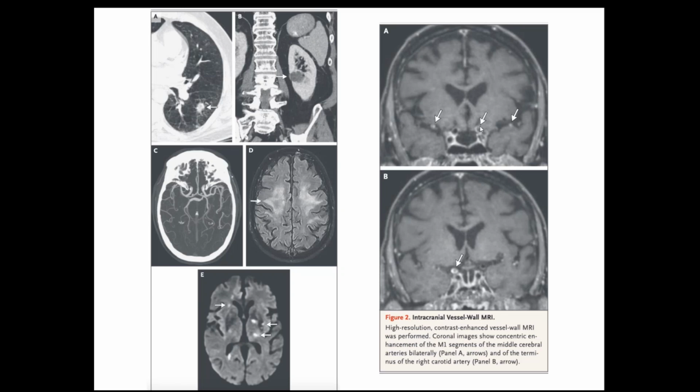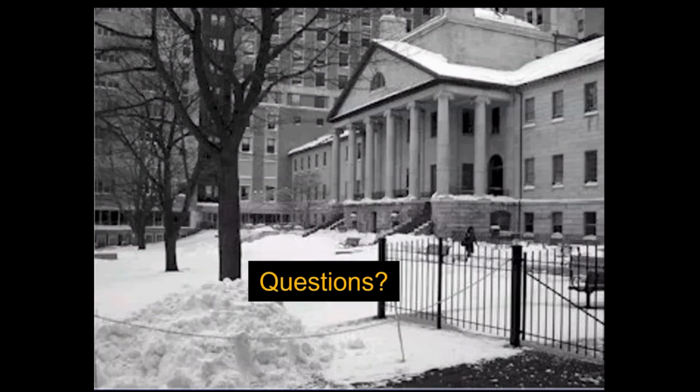He also had vessel wall enhancement. So clearly we were dealing with a vasculitic phenomenon, but I didn't know what to make of the spiculated mass. I proposed this could be a paraneoplastic vasculitis. That's what it turned out to be. So the spectrum is expanding. Keep your eyes and ears open, and work up for potential mimics. With that, I'll stop here and open it up for questions.